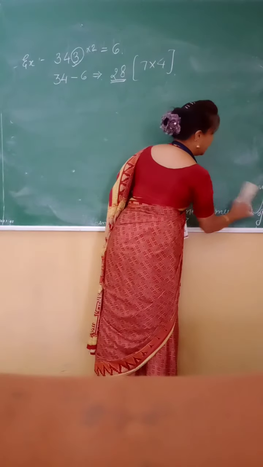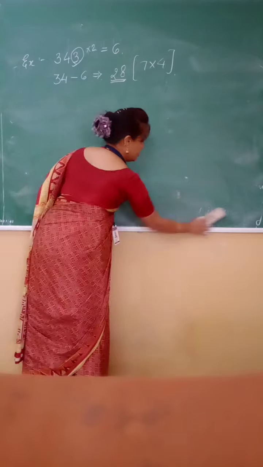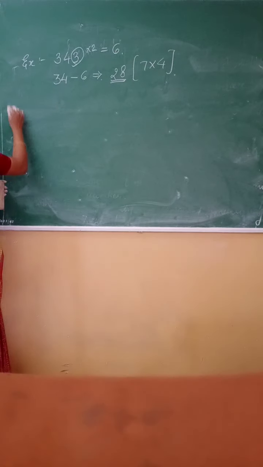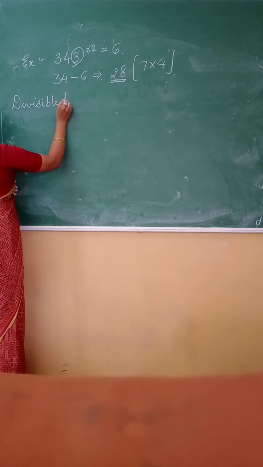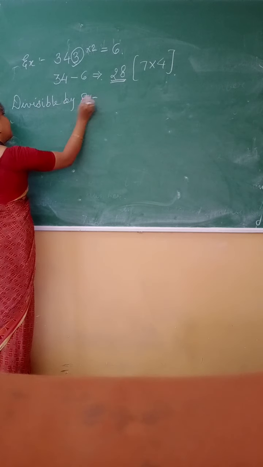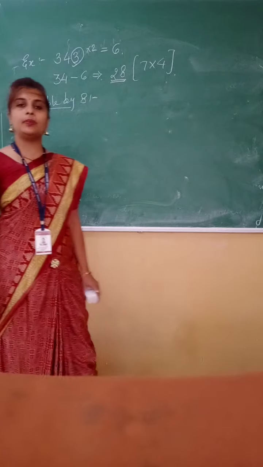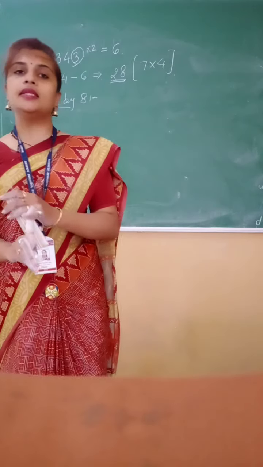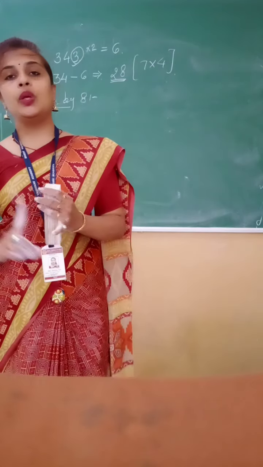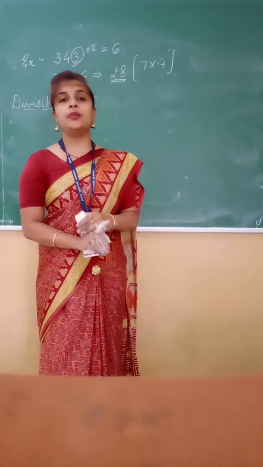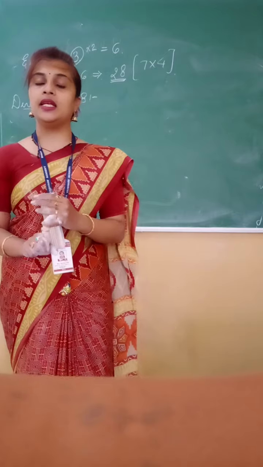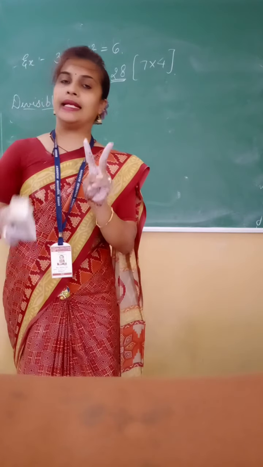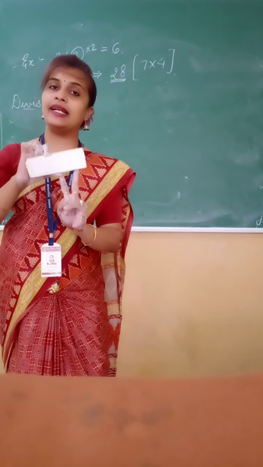Divisibility rule of 8. Divisible by 8. How we will find the number is divisible by 8? For finding the divisibility of 8, it will be a little bit same as the divisibility of 4. As in 4's divisibility, we are checking two numbers, that is the digits at tens place and ones place.